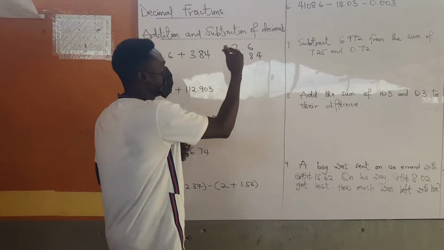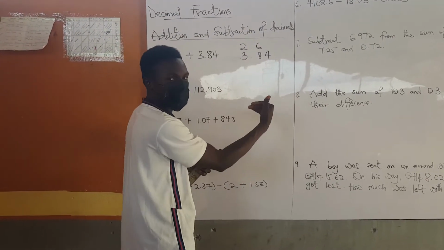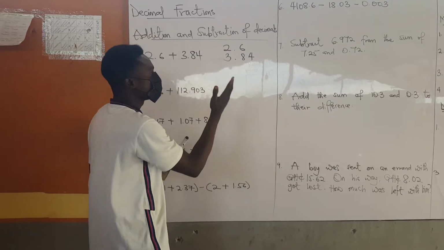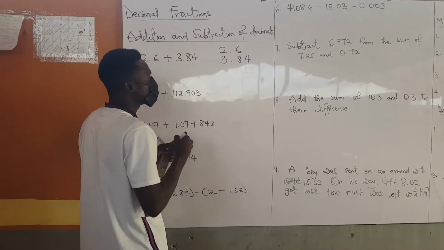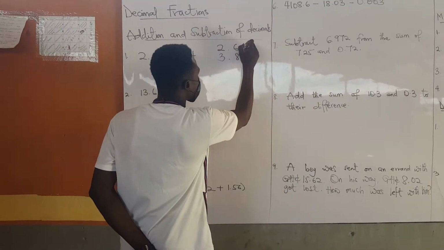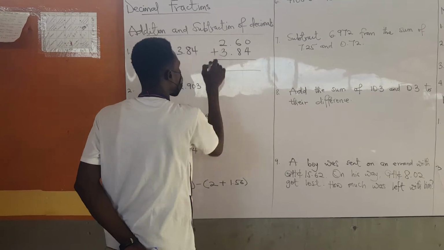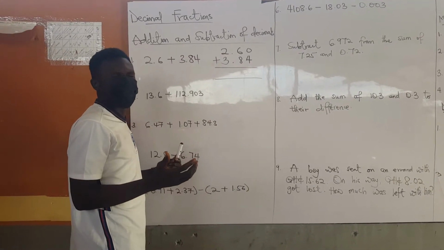So we say decimal point under decimal point, tenths under tenths, hundredths under hundredths, and so on and so forth. When you come to the whole number side, we have only ones as the place value. Because there is no number here, we are going to write 0.